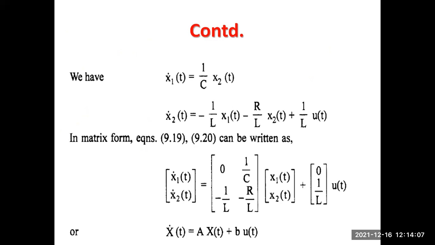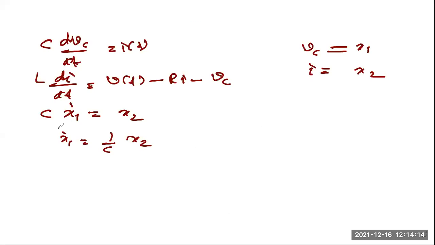No, sir. Okay. Similarly, the second equation, L di by dt. So L into x2 dot equals v(t), which is your input, minus Ri, so minus R x2, and Vc is your x1, plus v(t), let us say u(t).